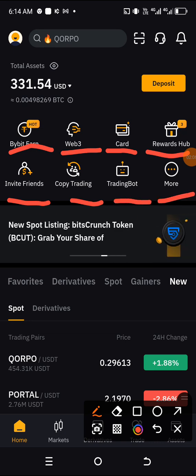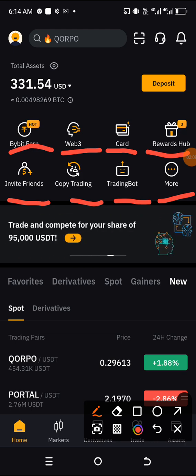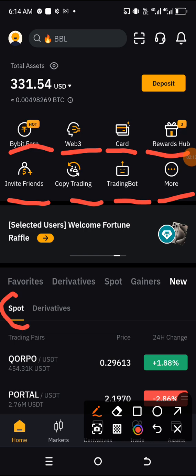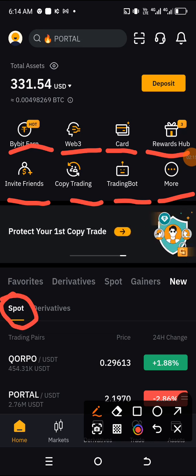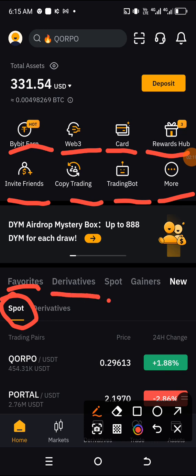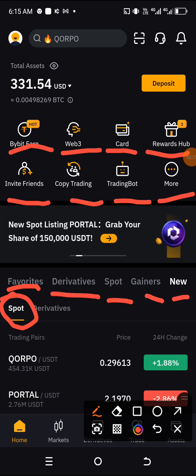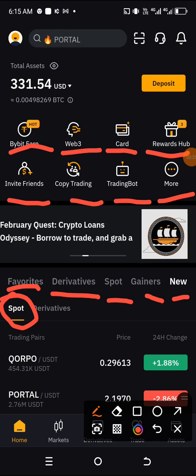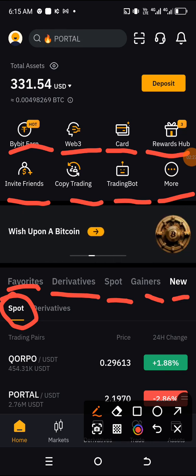So you can see how these are, and you also see spot trading here. You see Favorites here, you see Derivative, you see Spot, you see Gainers, you see New. So the Favorites means the favorite coins of this very app; they will all be displayed to you here.